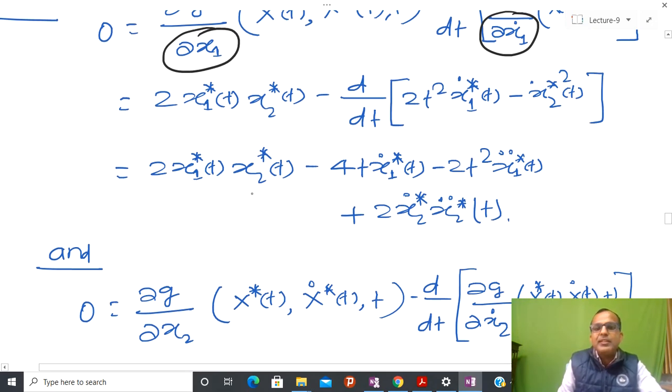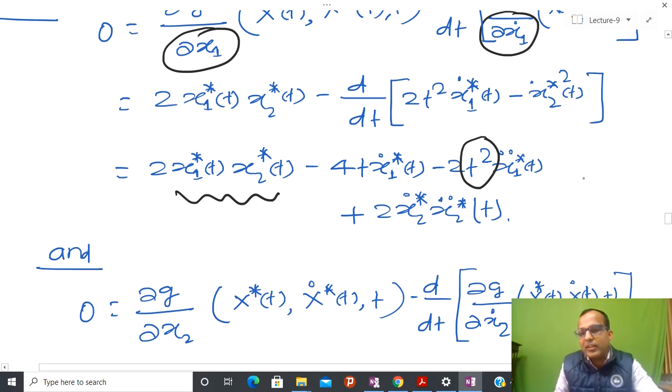Please see, this is a non-linear and time varying differential equation. Why non-linear? Because multiplication of x1 and x2 comes into the picture. Why time varying? Because time is explicitly involved here. If you keep x2 dot here and substitute all the other terms on the right hand side, then you can see that this differential equation represents a non-linear time varying system.